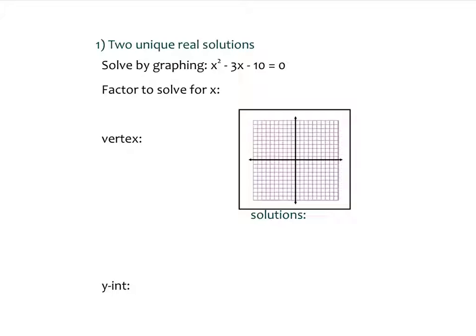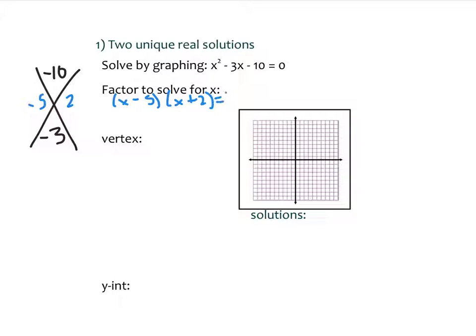So I am going to use the diamond method, again, because I have a 1 in front of x squared, and I'm going to say factors of negative 10 that when added together give me negative 3, and good job, you guessed it, which is negative 5 and 2, so I'm going to set x minus 5 and x plus 2 equal to 0, and my two solutions are 5 and negative 2.